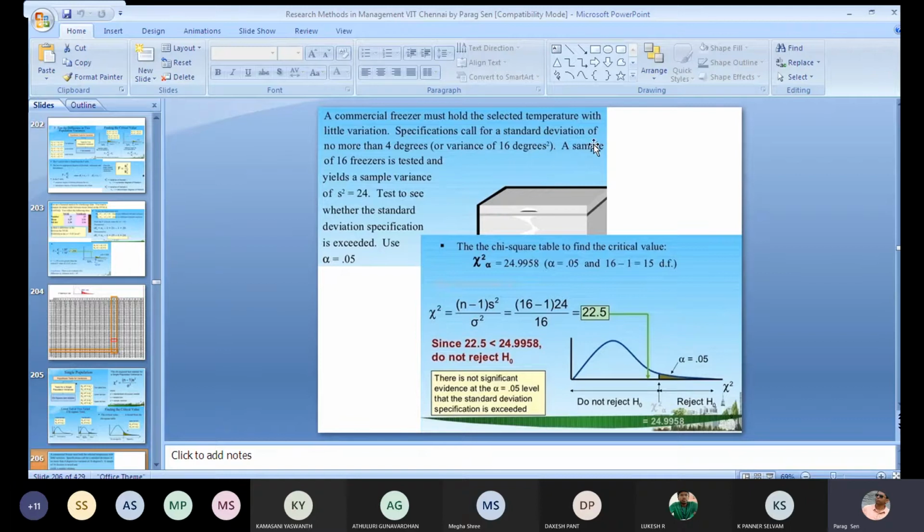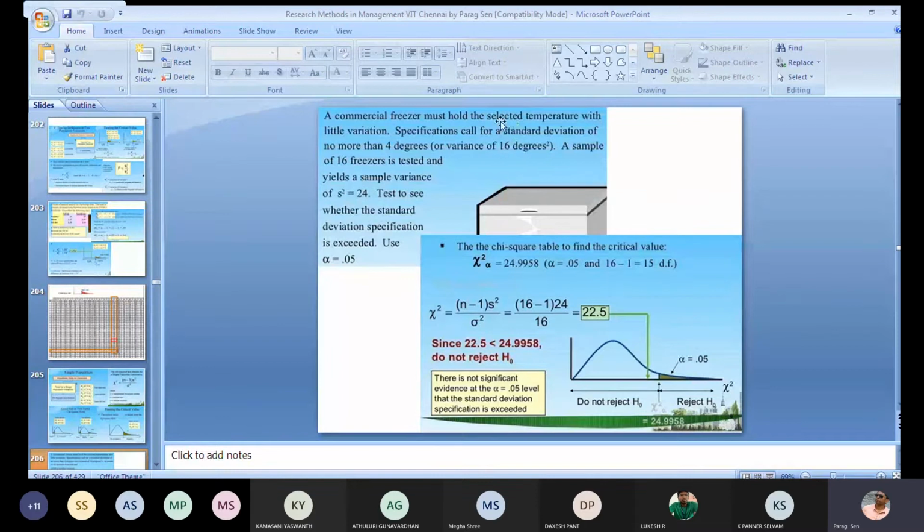A sample of 16 freezers is tested and yields a sample variance a square equal to 24. So from your sample you have tested 16 freezers and got a sample variance of 24.